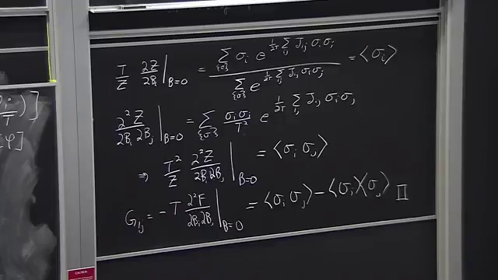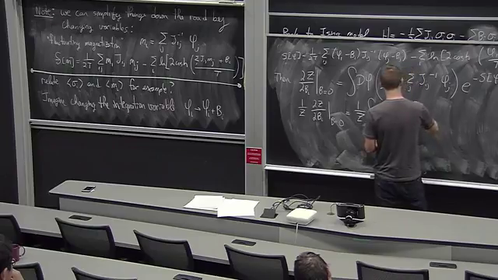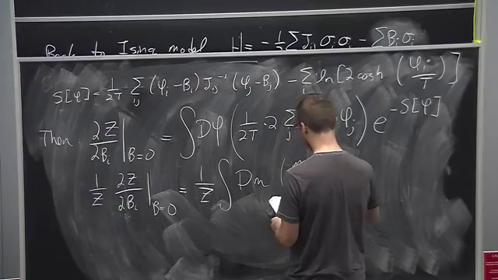So to be precise, I think it'll be 1 over, it's 1 over z, right? Then I should write this as a functional integral over m. Again, no worries about the Jacobian. It's just mi.